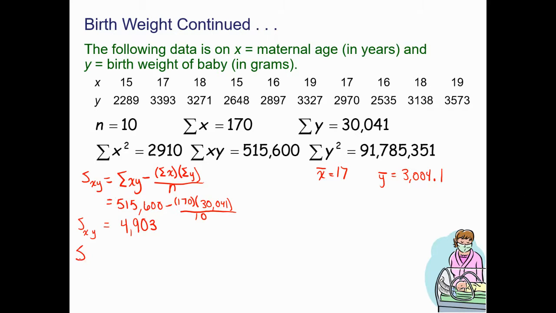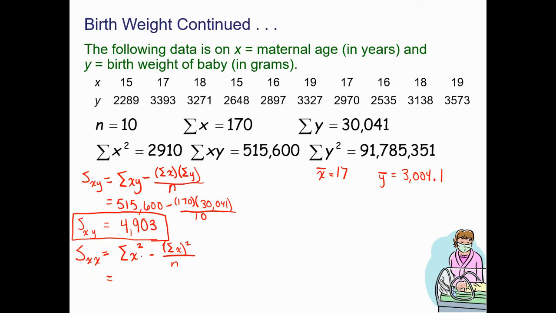Then they ask us to calculate S of XX. So we do the sum of the x's squared minus the sum of x squared divided by n. I'm just going to box these in, that way they stand out here in a second.